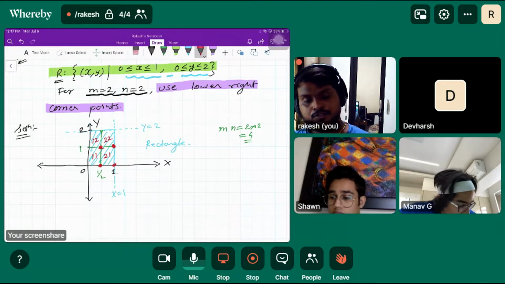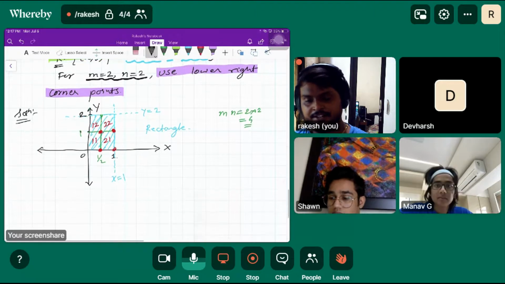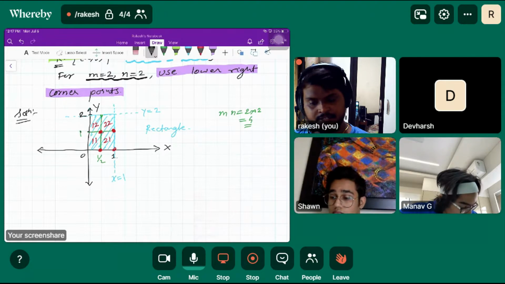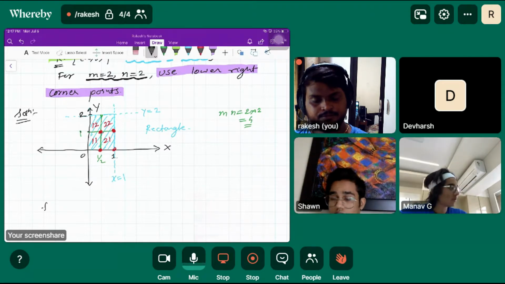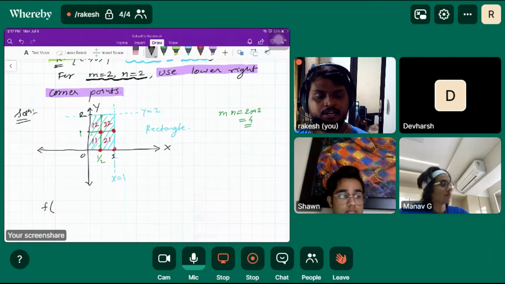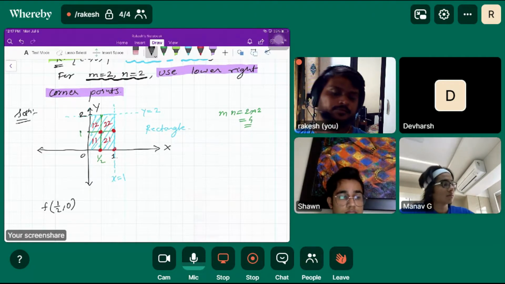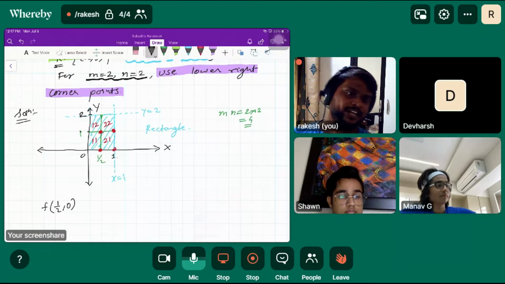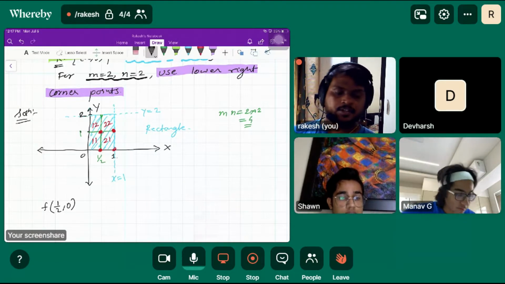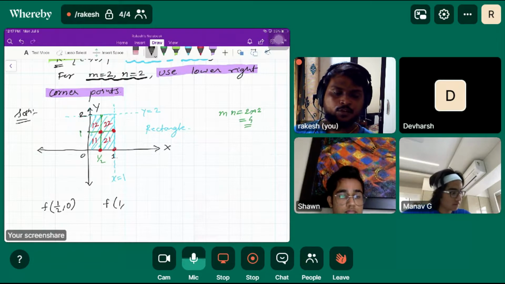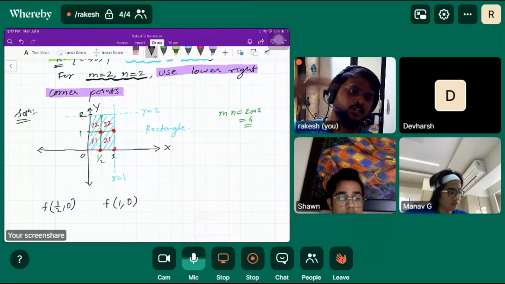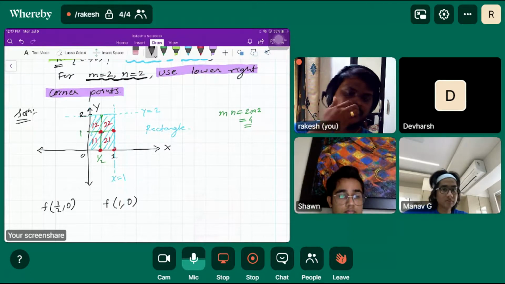So how do we find the height here? The height is basically f of half comma 0 for the 1 1 rectangle. Then f of 1 comma 0 will give you the height of the second rectangle, along the x direction actually.